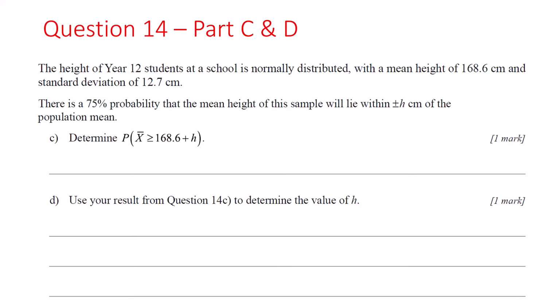We're asked to determine the probability that x bar is greater than or equal to 168.6 plus h. So we use the symmetry of the normal distribution curve here. The total area is 1. We subtract from that 0.75 and then divide all that by 2. And so that required probability in part C is equal to 0.125.